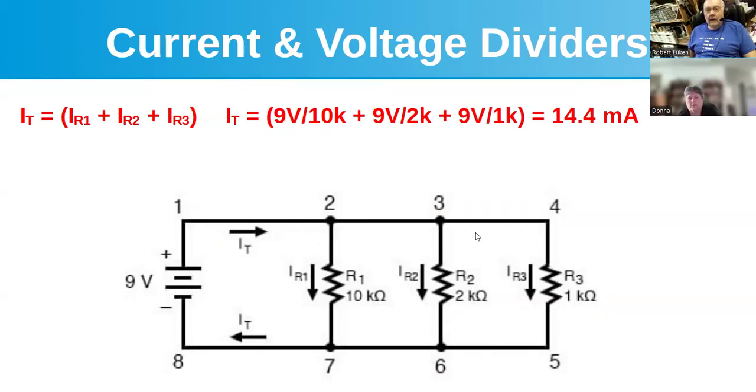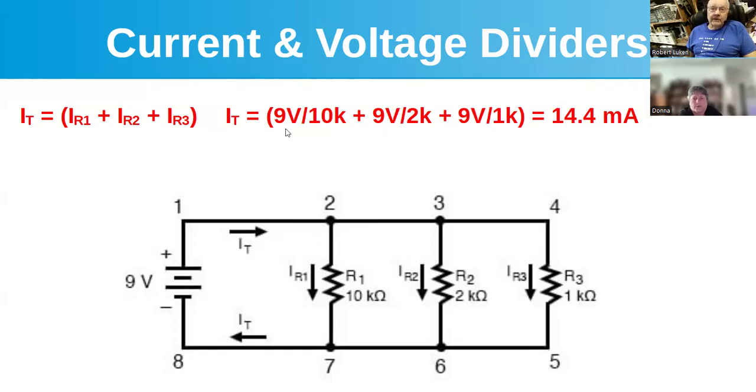Node 3 is going to have this current be equal to I_R2 plus I_R3. And therefore, this current is going to be I_R1 plus I_R2 plus I_R3.